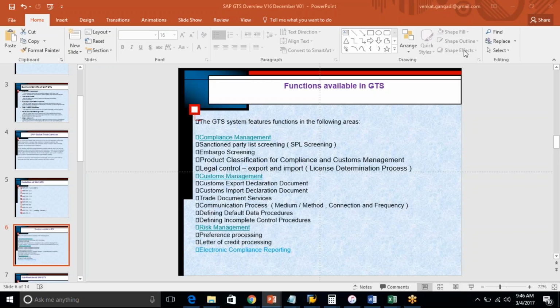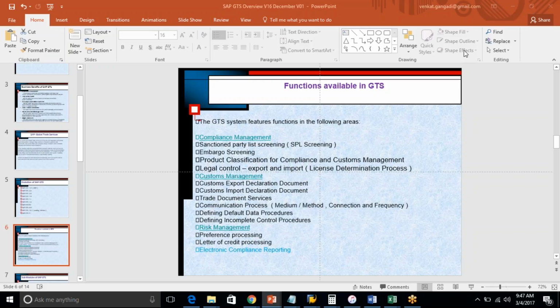we need to know whether you are an expert at each and every individual application area or not. It doesn't matter. But you should be in a position to say what the GTS module is offering to the market, or to the companies participating in international trade.